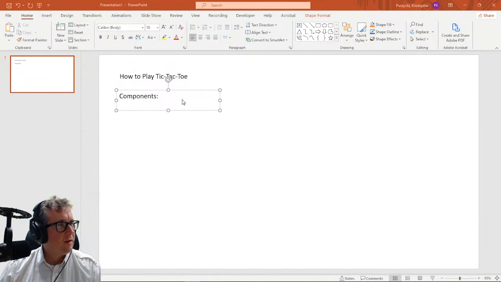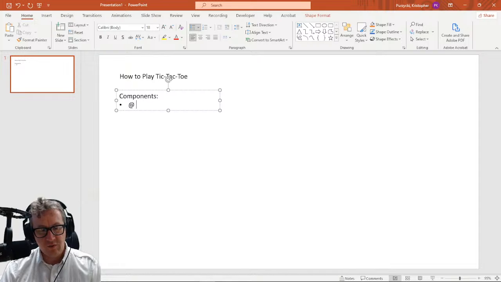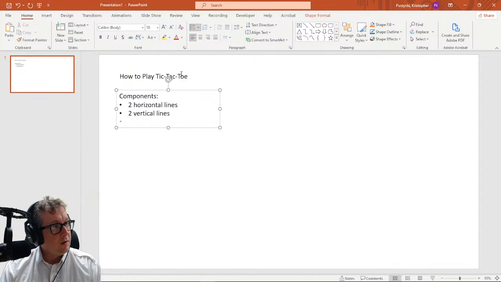Right. All right. So we've got components. What do we have here? Going back to my storyboard, I've got two horizontal lines. Lines, right? We've got X's and O's.